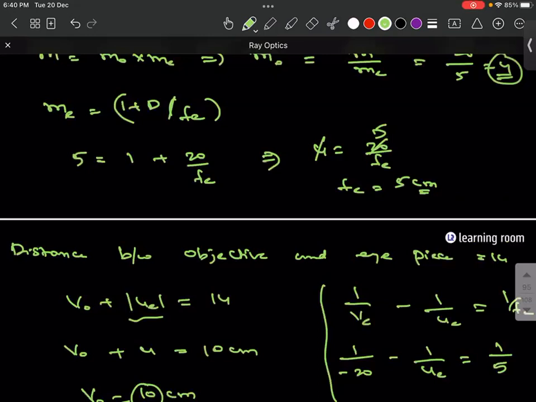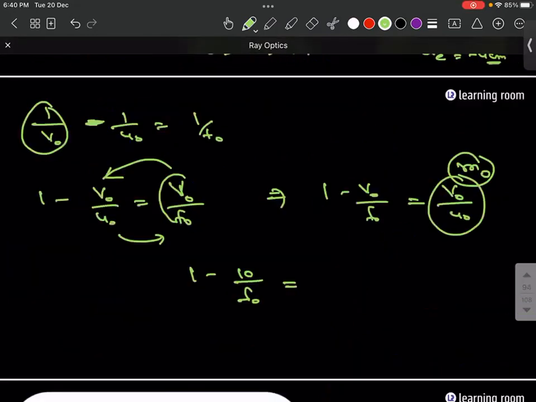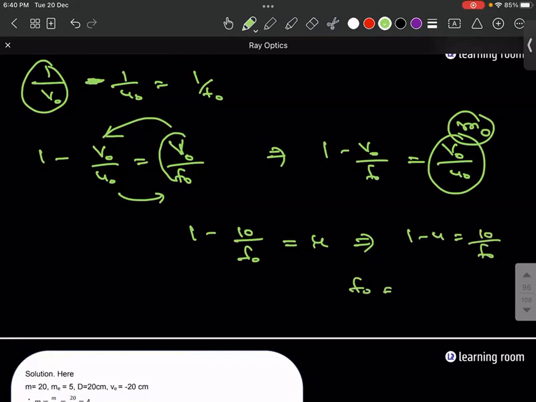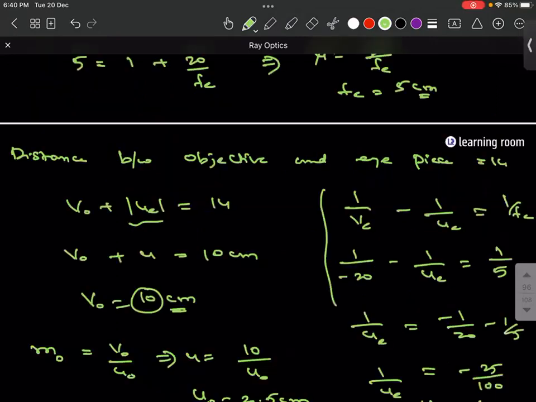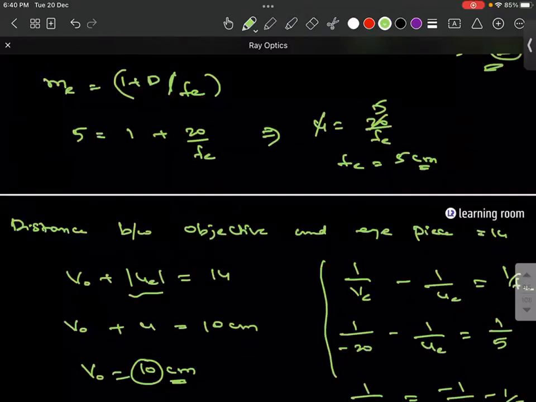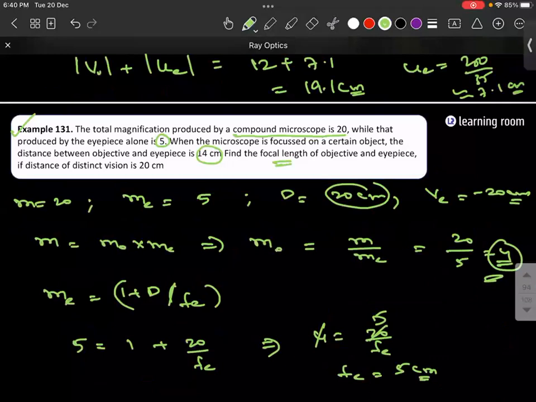Correct? Magnification due to the objective, we got it as 4 or minus 4. Okay, the answer is given as 2 centimeter.